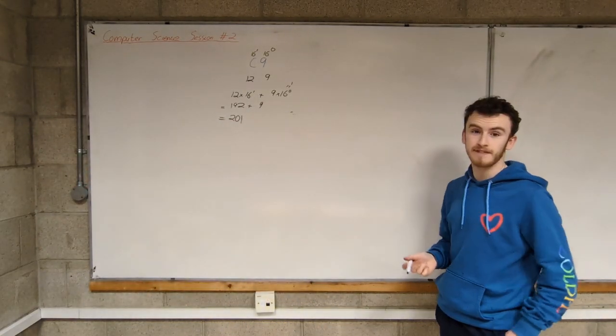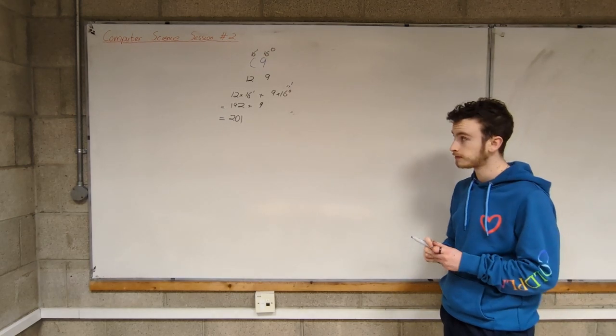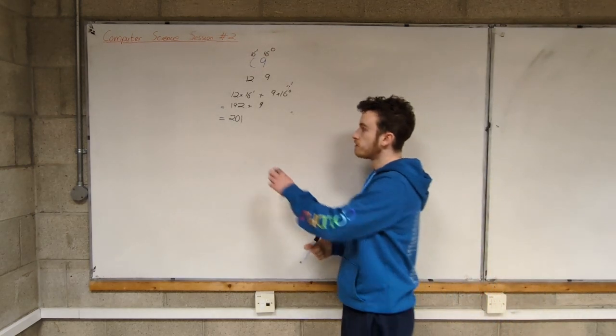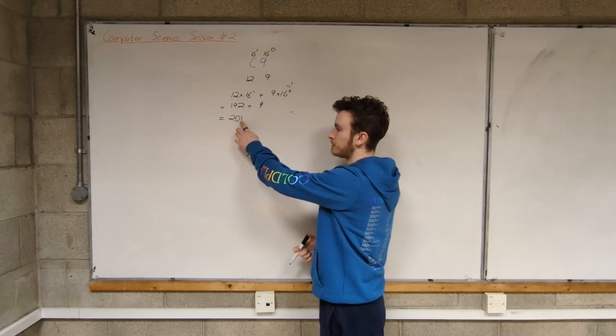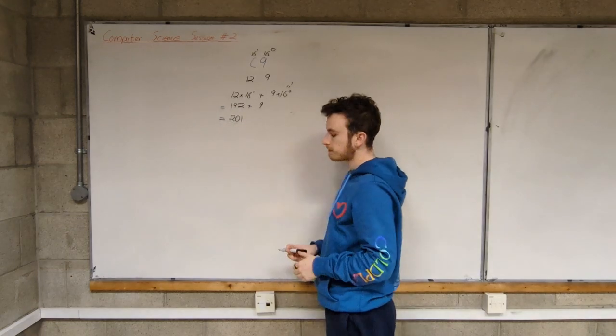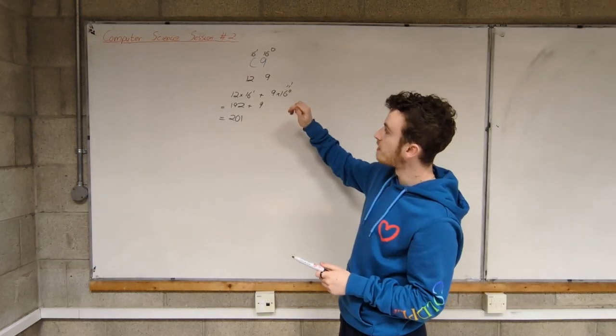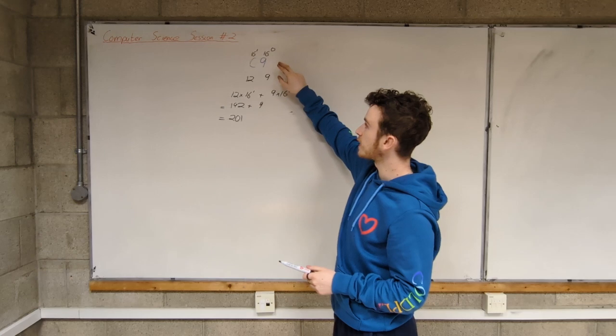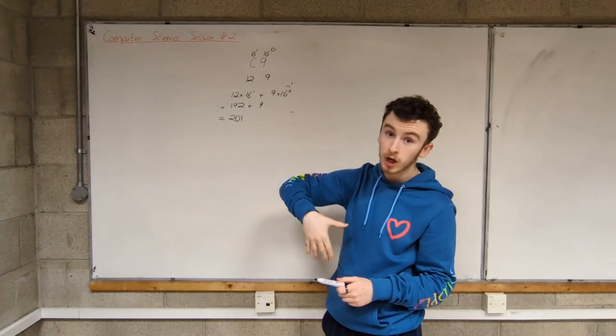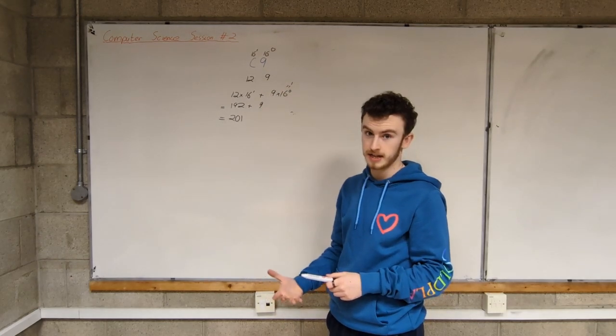Now some people might be able to do that fine, especially if your maths is very good. For those of you who think, I don't know about that, the other way you can do this is by doing it through 2 steps. Firstly, converting C9 into binary and then going to decimal.